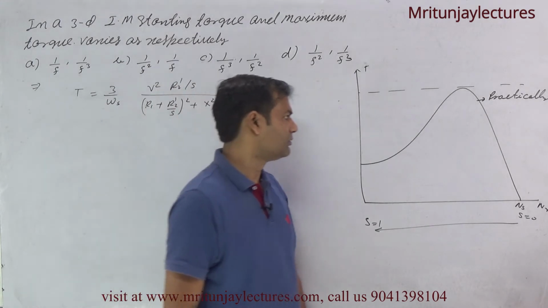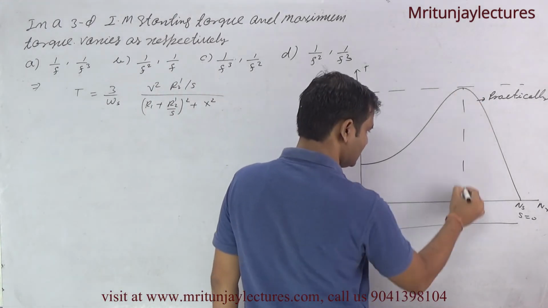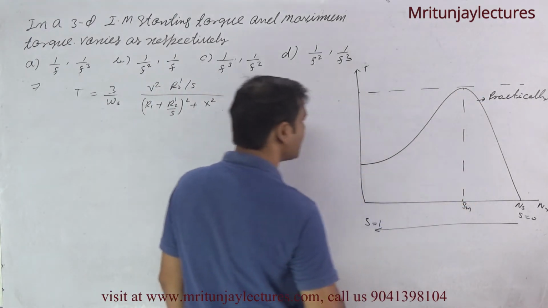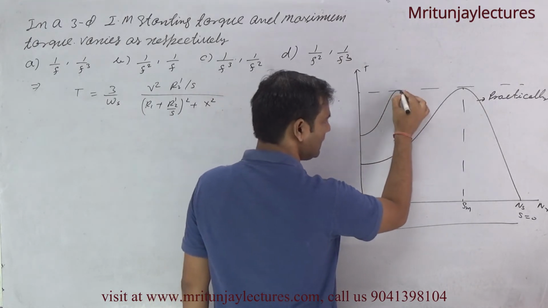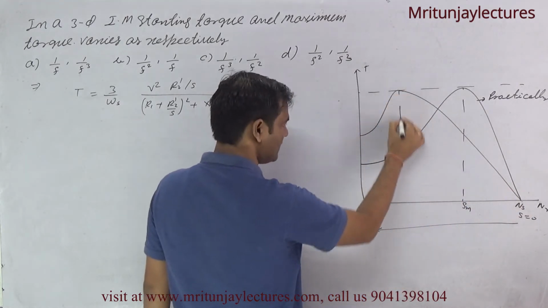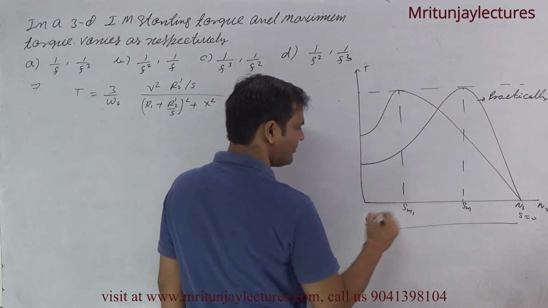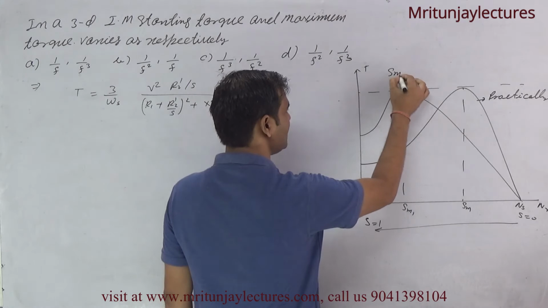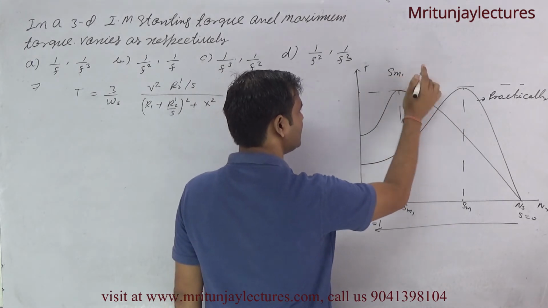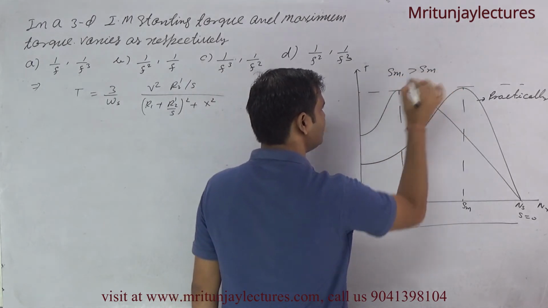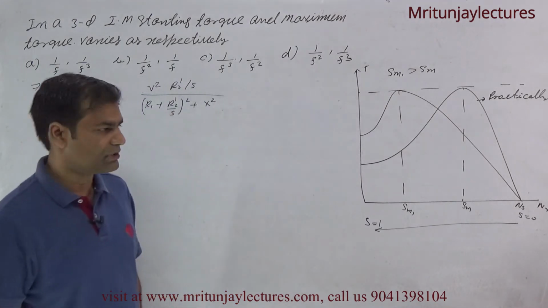Now, corresponding to that is maximum slip, suppose that is SM1 dash. SM1 is greater than SM. Why?